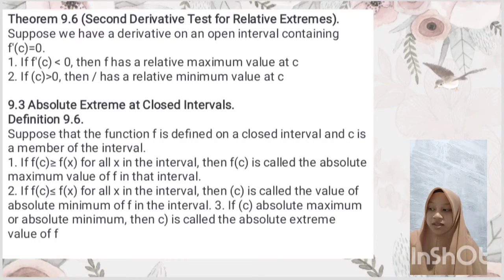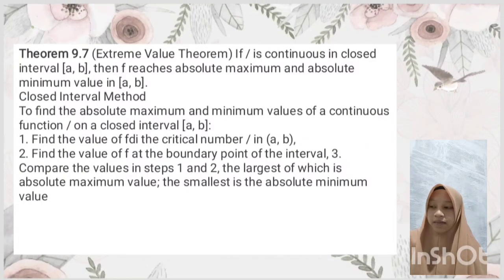If f(c) is less than or equal to f(x) for all x in the interval, then f(c) is called the absolute minimum value of f in the interval. 3. If f(c) is absolute maximum or absolute minimum, then f(c) is called the absolute extreme value of f. Theorem 9.7. Extreme value theorem. If f is continuous in closed interval [a, b], then f reaches absolute maximum and absolute minimum value in [a, b].